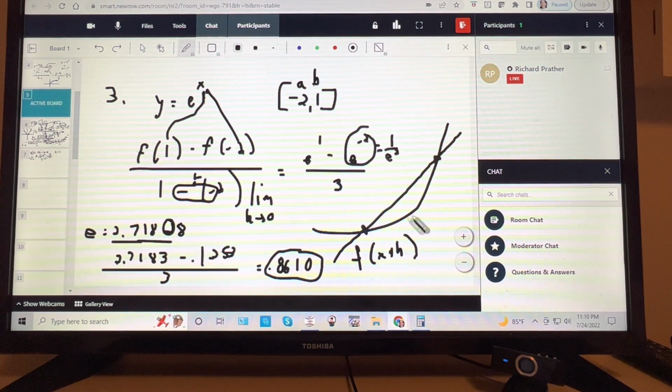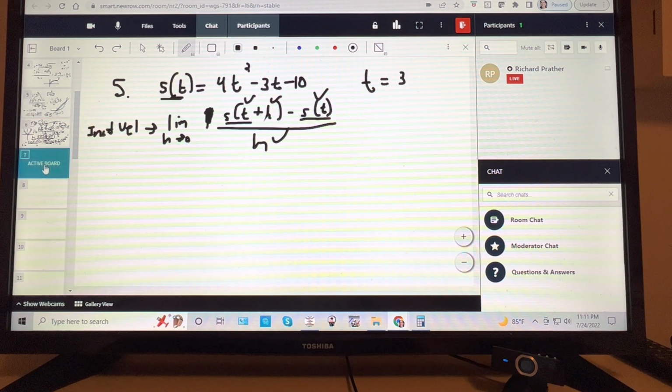So what that does is it moves this point right next to the other one, so close the human eye might not even be able to tell them apart. They're so close together that the average rate of change only touches it once instead of twice. So you've moved from average rate of change to instantaneous rate of change. And you've gone from a slope of a secant line to a slope of a tangent line. So that's the reason for the limit as h approaches 0.